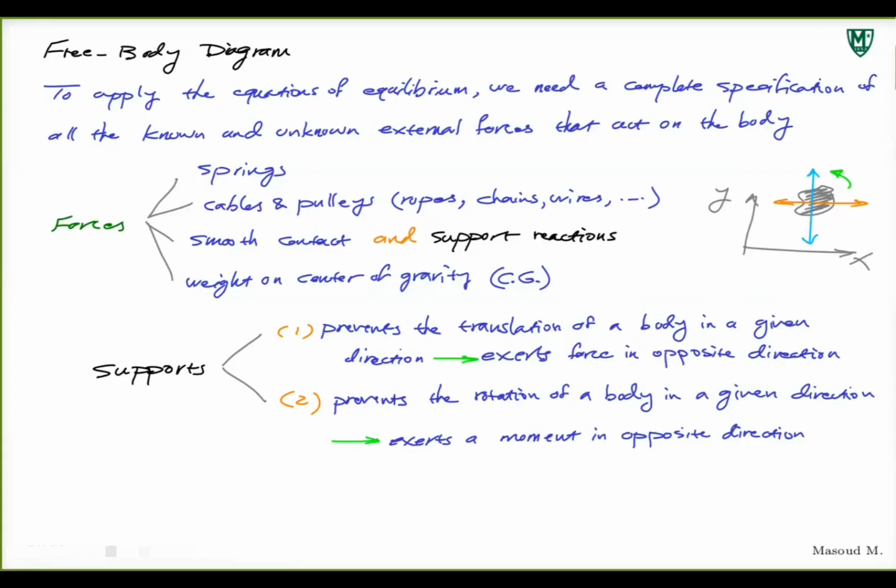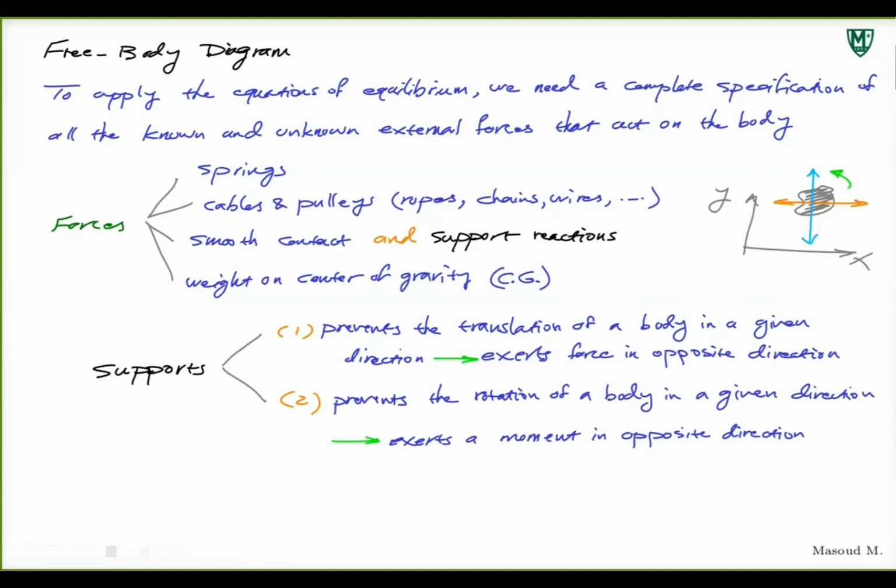If I have this, I can't rotate it, because it's held by my fingers. If I remove my fingers and I want to draw the free body diagram for this, and the rotation is supposed to be this way, I have to put a moment here in the opposite direction of that which my fingers were applying, stopping this from rotating.